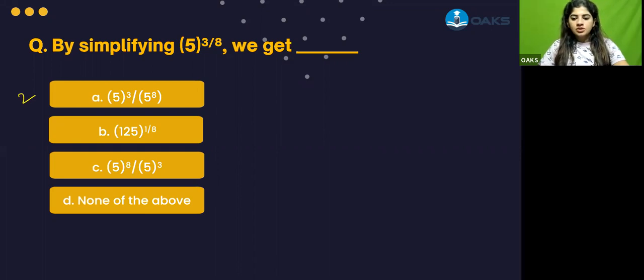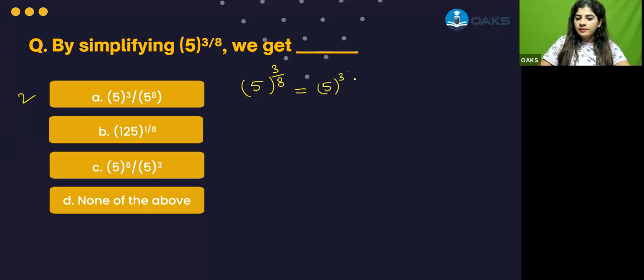Okay. So let me solve this question. See, 5 raised to power 3 over 8. What does that mean? Can I write this as 5 raised to power 3 raised to power 1 by 8? Can I write this as?